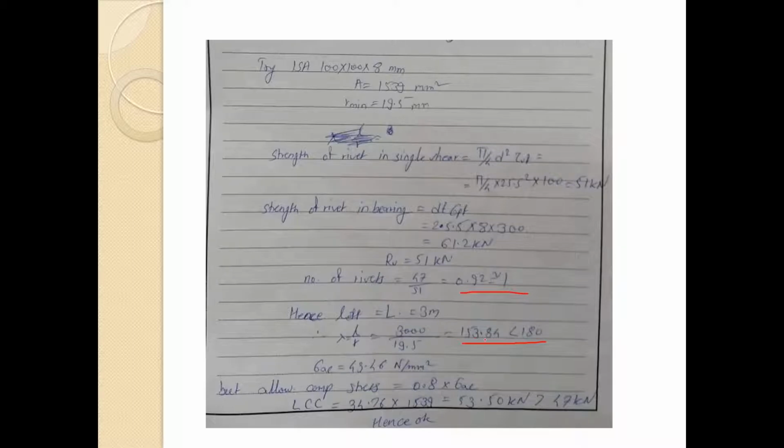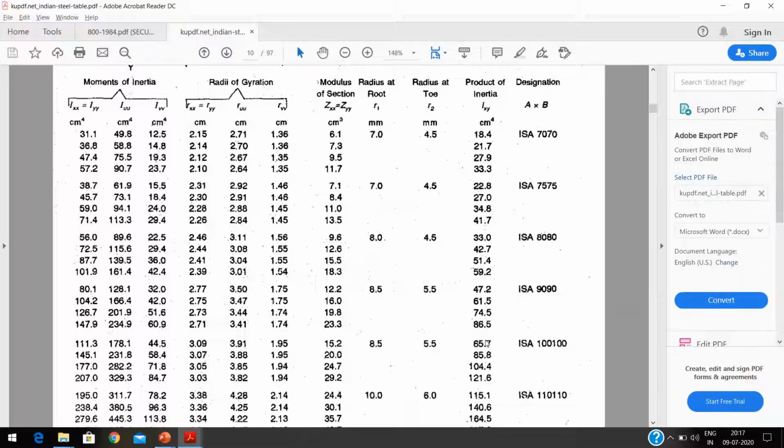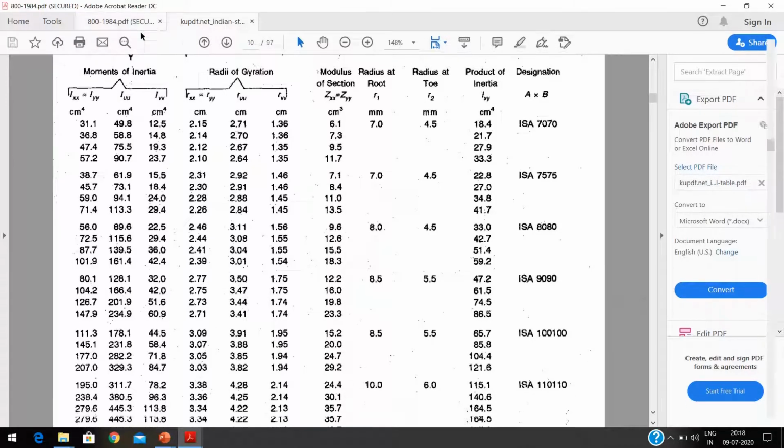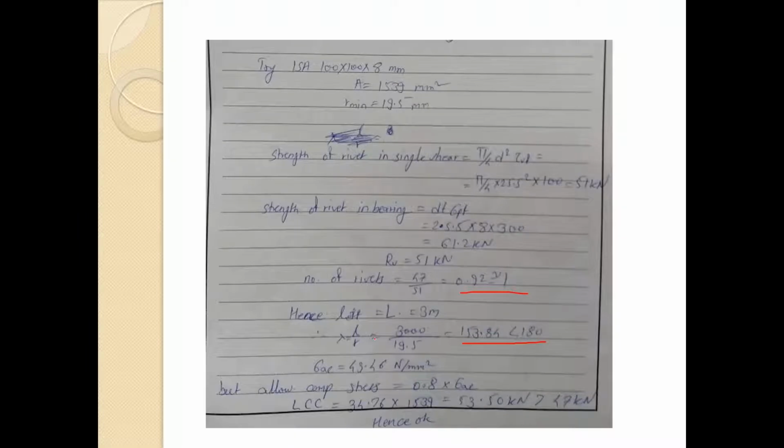For this 153, it should be in between 45 and 41. So by interpolating, we are getting the value 43.46 over here.